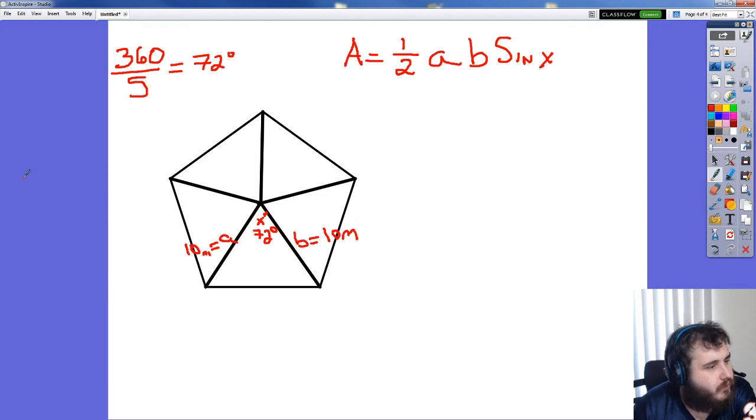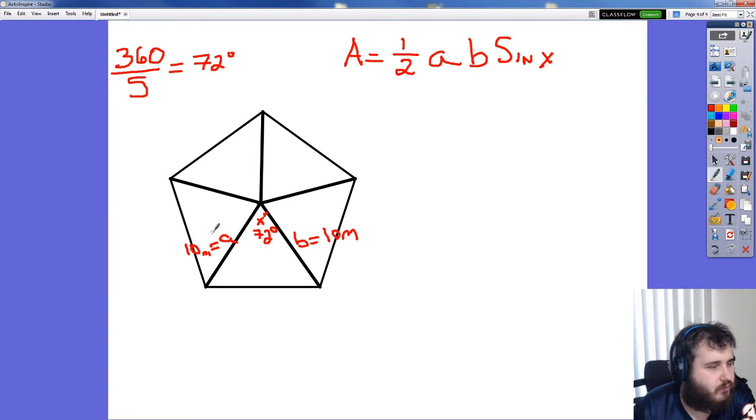And the great thing about doing this problem this way is that I'm working with a pentagon. I could be working with a hexagon, an octagon, whatever. But for every shape, this number here is going to be the same. For every pentagon, you don't need to reinvent the wheel. You can say, hey, this is 72 all the time.